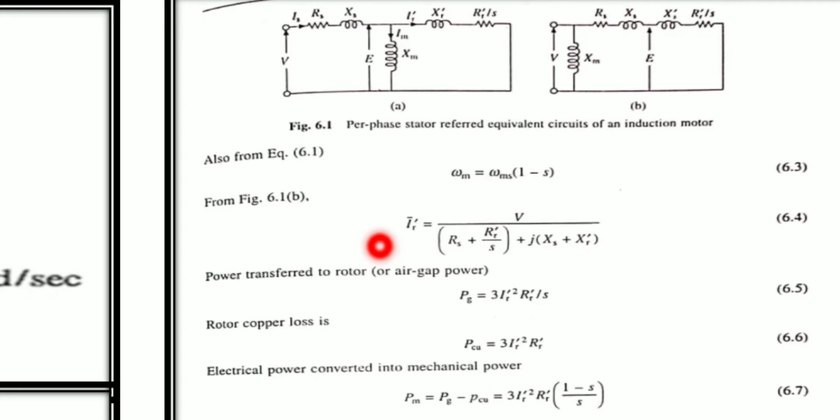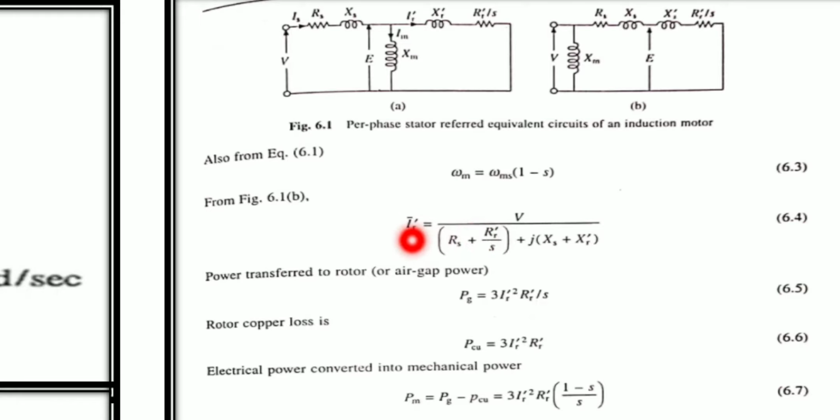Now from this figure we can write the equation for IR dash, which is the rotor current referred to the stator itself. Referred to which side? Referred to the per-phase stator values. Keep it in mind: the rotor current is referred to the stator.